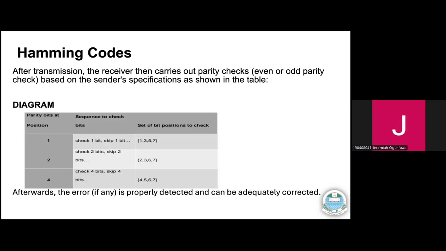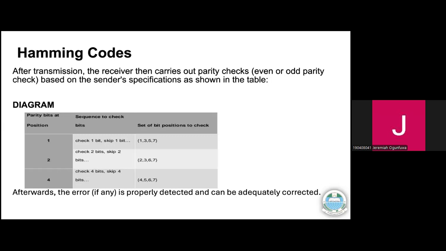All right. So the idea is that from the sender's end, the parity bits will be combined with the data bits. Let's say, for example, we have 4 bits of information that the sender is trying to pass to a receiver. Before transmission, the data is combined with 3 parity bits.